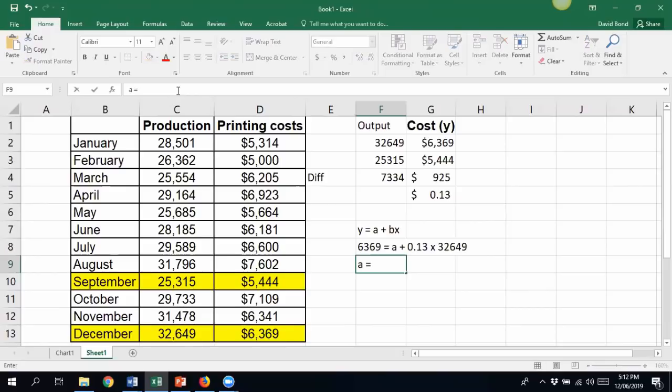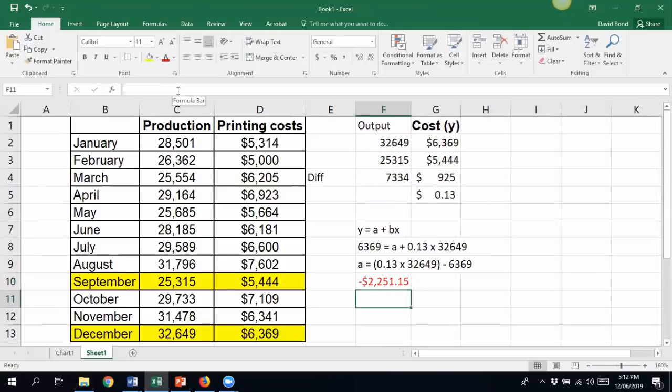Rearrange it. A equals 0.13 times 32649 minus 6369. And I'll actually calculate it now. Sorry, I should have done it this way, 6369 minus that.